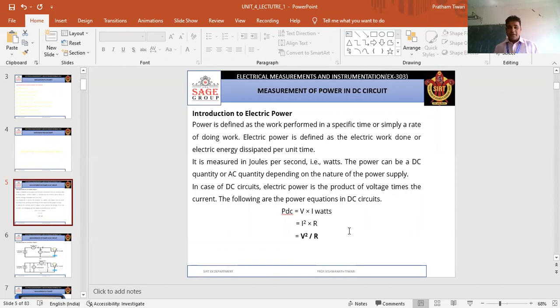Ohm's law is given by I equal to V by R, V equal to IR, R equal to V by I. We have these three formulas for finding power in a DC circuit: PDC equal to VI or I square R or V square by R.